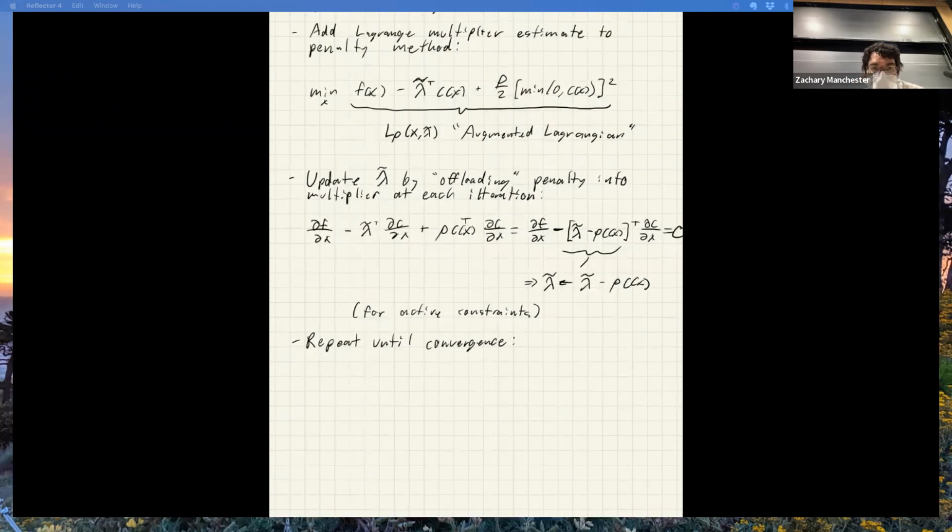So I want to do first min over just x, so just the primal variables, right, of this augmented Lagrangian. So lambda tilde is a constant as far as this step 1 is concerned, right? Only min over x. Then the next step is update the lambda estimate. That looks like this.